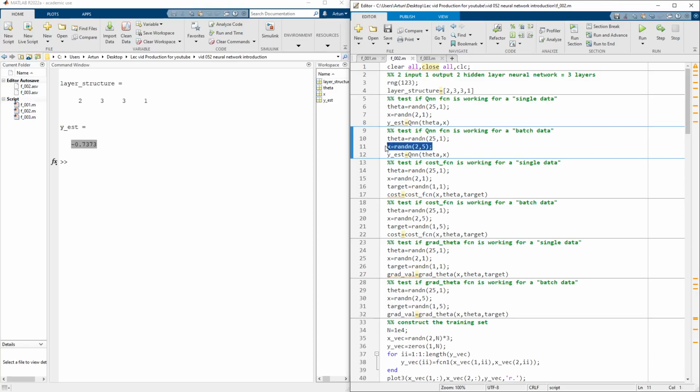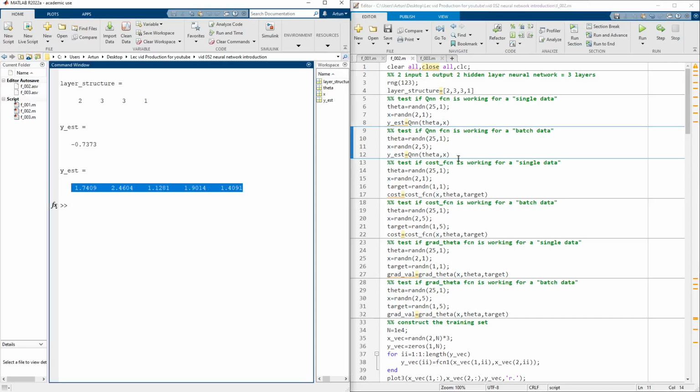And these are 5 consecutive input signals we feed forward to our neural network, to our model, and what we need to get is 5 outputs corresponding to the input values. All right, here we have 5 output terms.